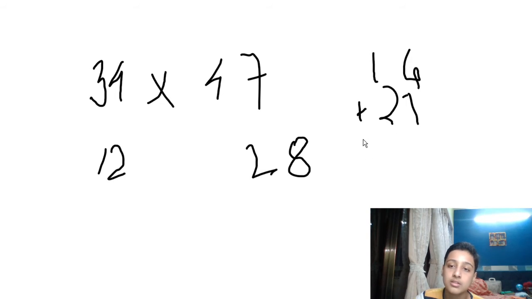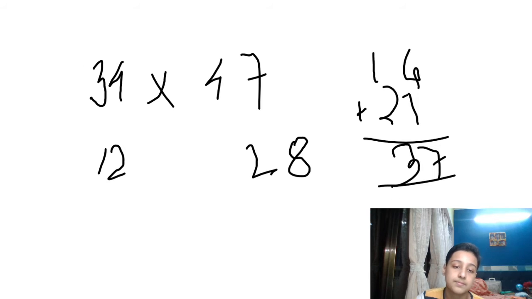Now you can add these both, which equals 37. Now you have to put this 37 in between. So these are the three basic units that you have got over here: 12, 37, 28.